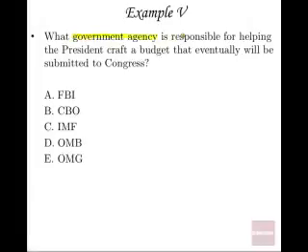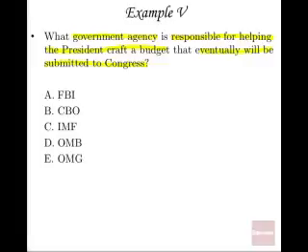And finally, example number 5. What government agency is responsible for helping the president craft the budget that eventually will be submitted to Congress? So let's take a look at some of these agencies and determine if they're the agency that basically compiles a bunch of priorities of what the president is going to spend money on. Is it the FBI?